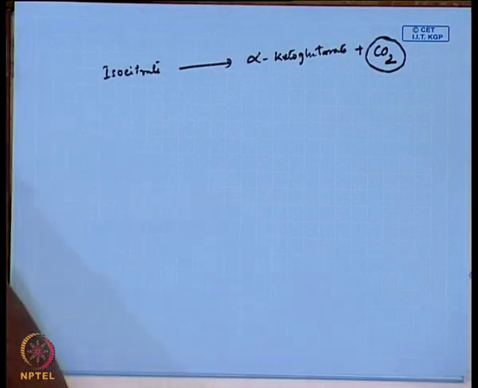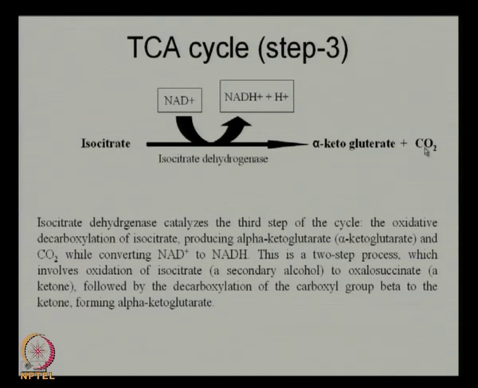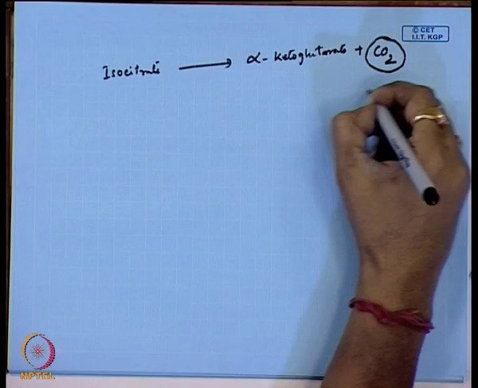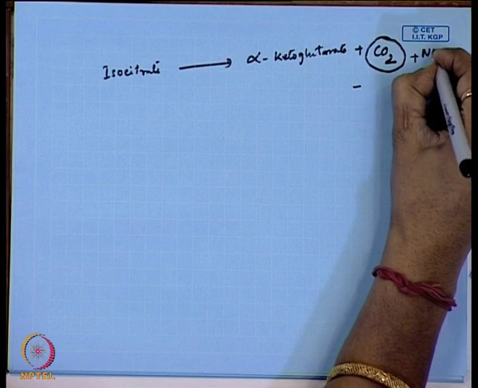When one molecule of isocitrate is utilized, it produces one molecule of carbon dioxide. The isocitrate dehydrogenase enzyme actively participates in the catalytic activity, and one molecule of NAD is converted to NADH. That means we also get one molecule of NADH in this reaction.